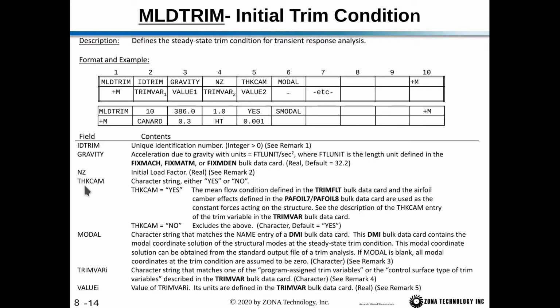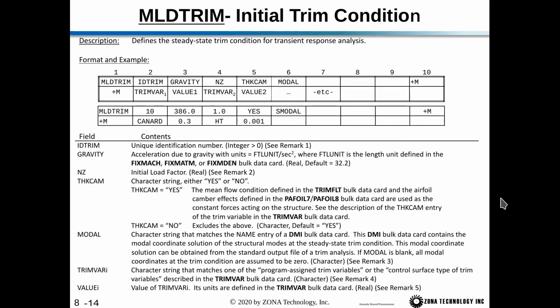Next is THICKCAM. This is a character string, either yes or no, and we would recommend THICKCAM always be yes. The reason is that this is the influence of the mean flow condition from the TRIMFLT card and the camber effects in the PAFOIL7 bulk data cards.